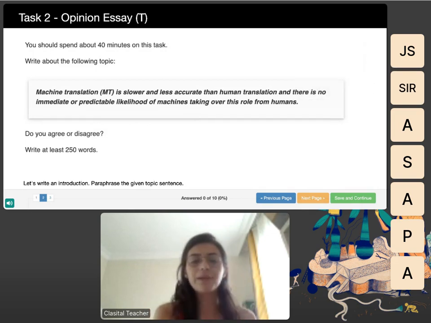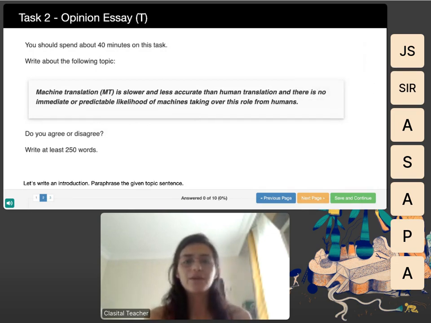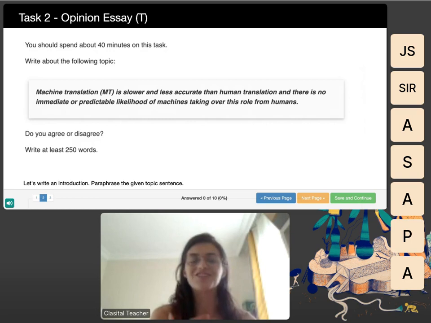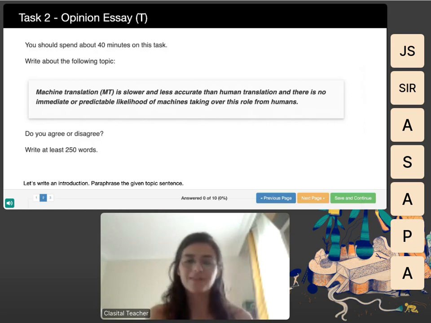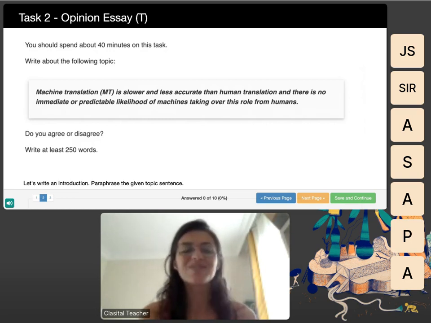So what we learn here is that machine translation is slower than human translation, and it's not as accurate, so it cannot take this role away from humans. So translation is still a human job, this information sentence tells us, right?